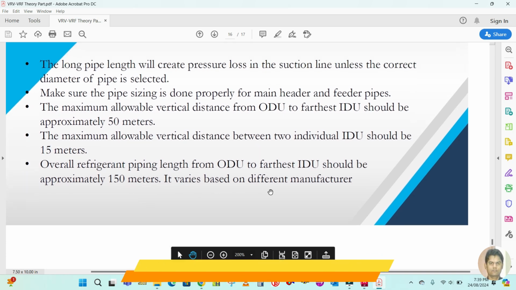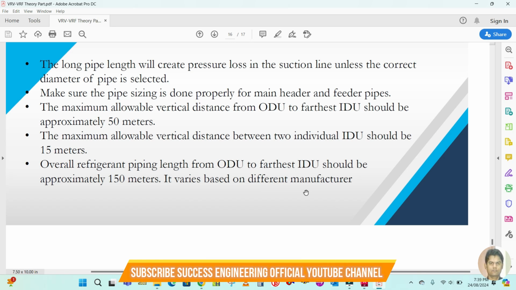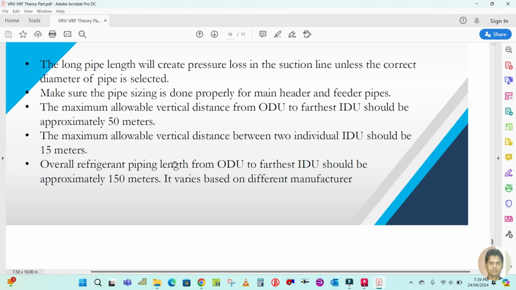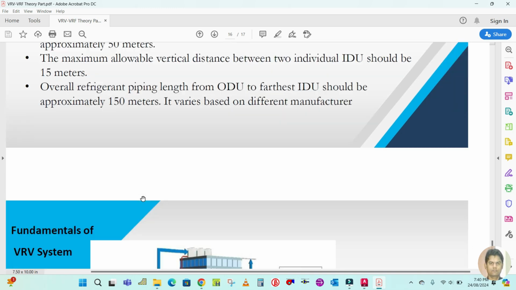It varies based on the manufacturer, as different manufacturers provide different data.